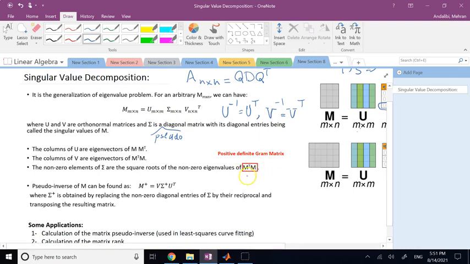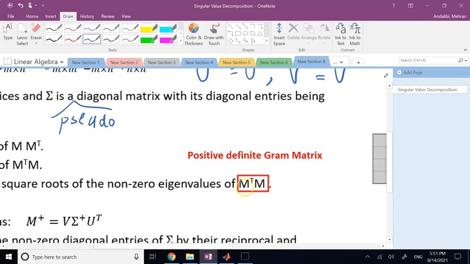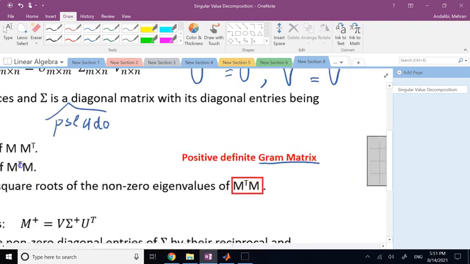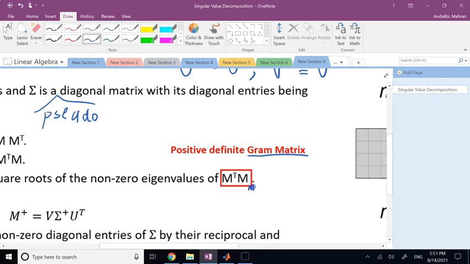But the matter of fact is, if I multiply matrix M by the transpose of it and form this matrix called the Gram matrix, M transpose M, this Gram matrix is always a square matrix. Here your M is m by n, and your M transpose is n by m, so the whole product is n by n. So it is a square matrix and it has eigenvalues.